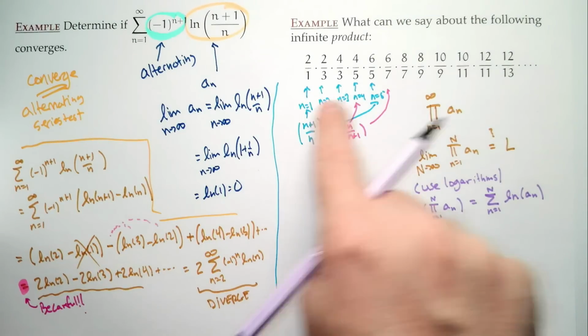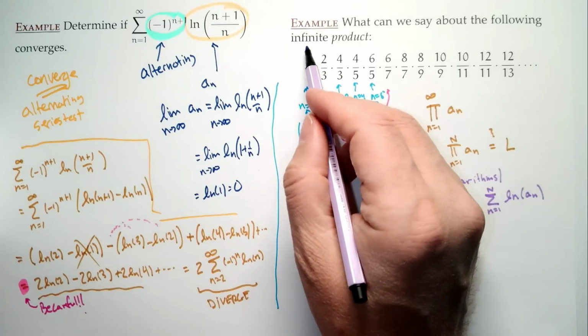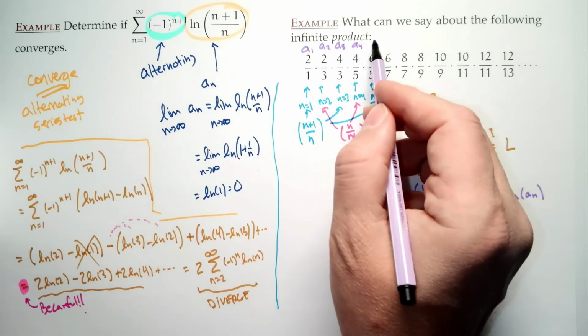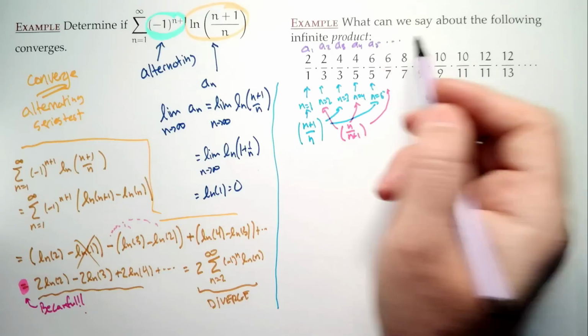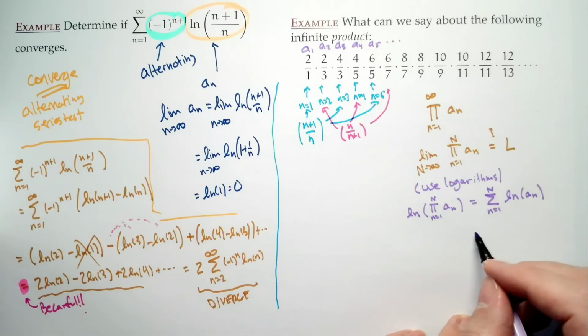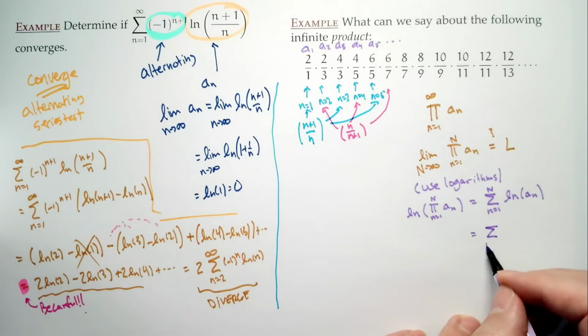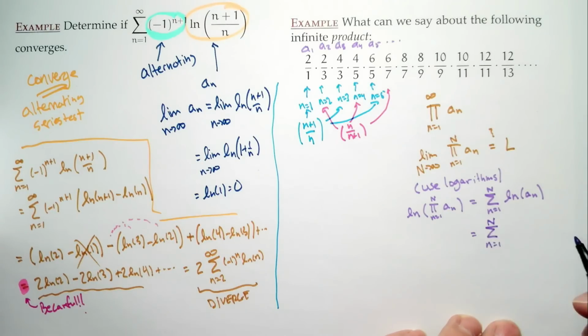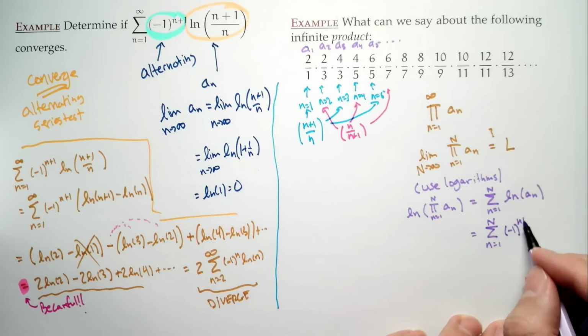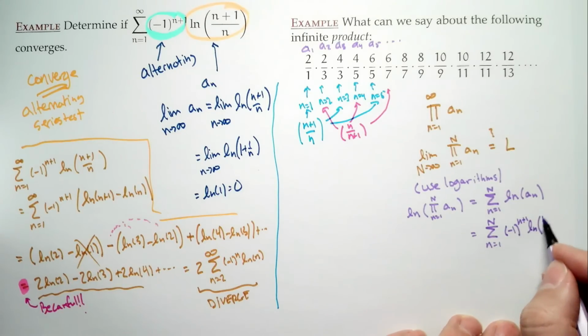So for this particular sequence, here's my a1, here's my a2, and so forth. I can say that the natural log of a sub n is a sum from 1 to capital N of negative 1 to the n plus 1 times the log of n plus 1 over n.